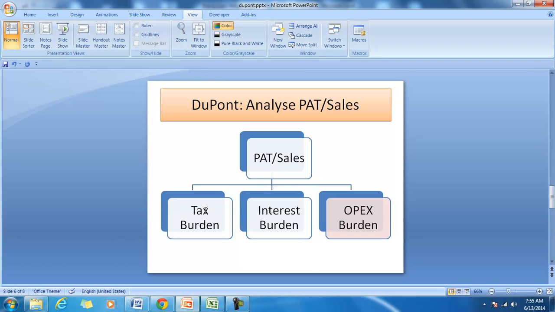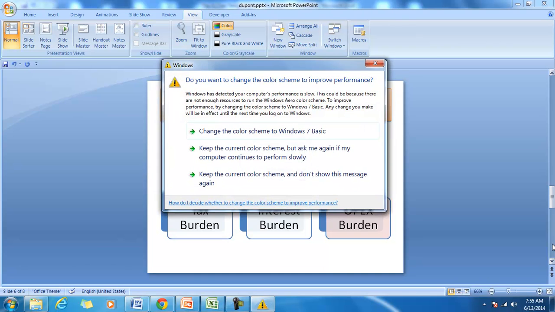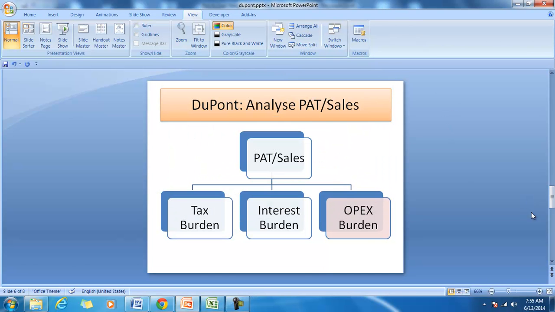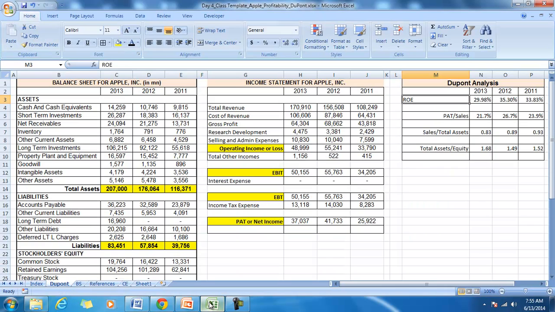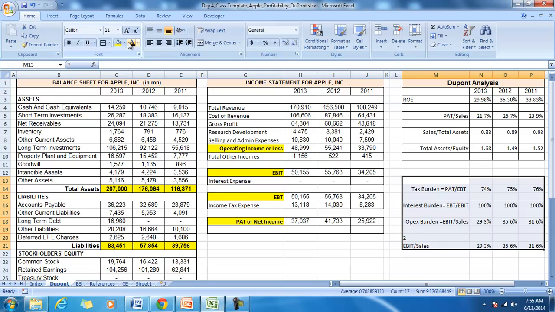The tax burden, interest burden and OPEX burden can be examined by seeing PAT by PBT, PBT by PBIT and PBIT by sales. Let us see the example of Apple. So we have these numbers here.